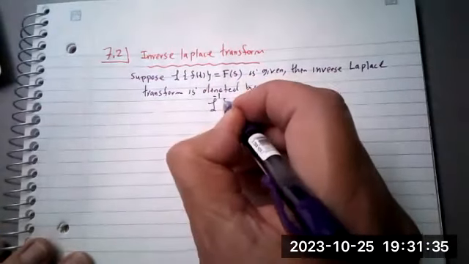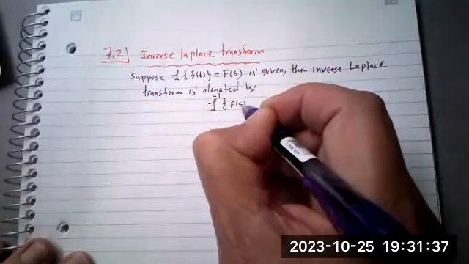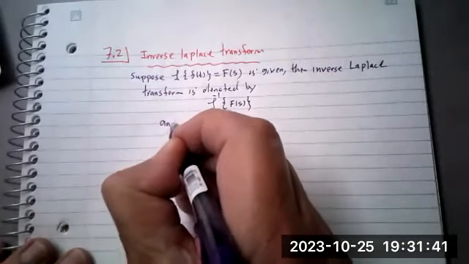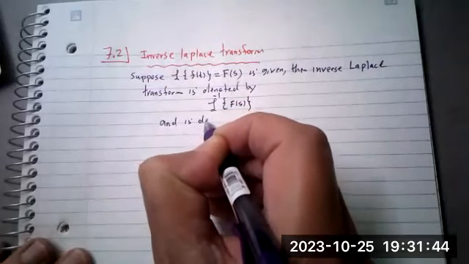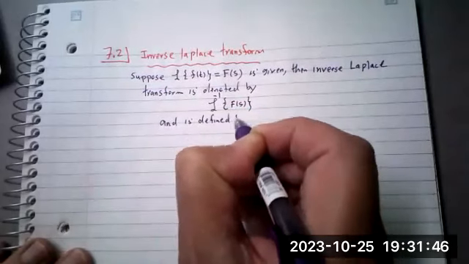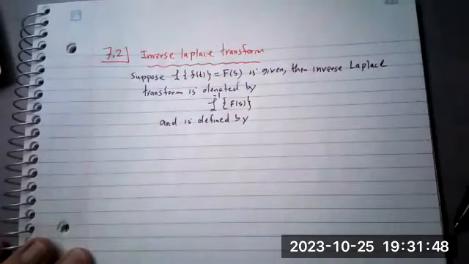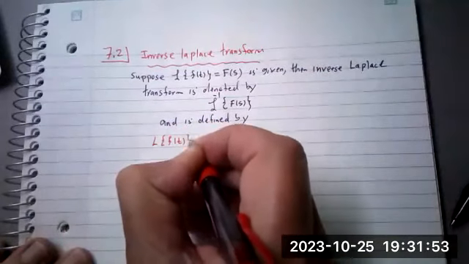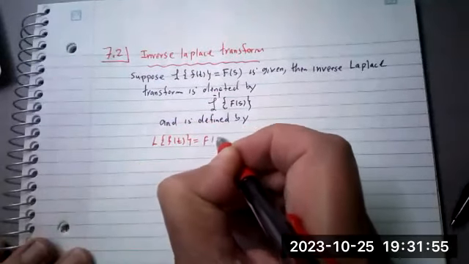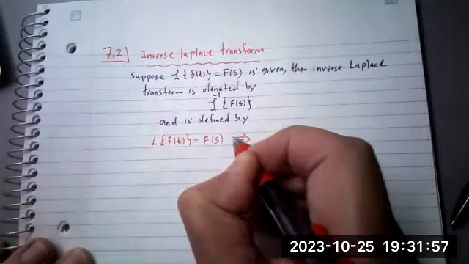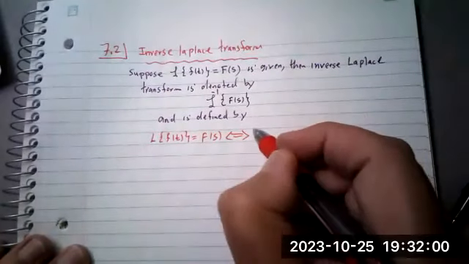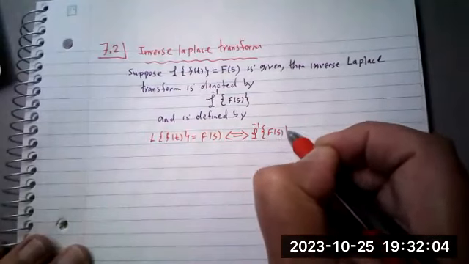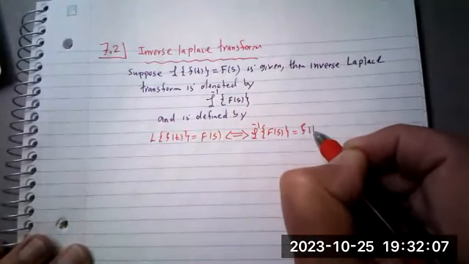Laplace inverse of F of s. And it is defined by: Laplace of f of t is equal to F of s if and only if Laplace inverse of F of s is equal to f of t.